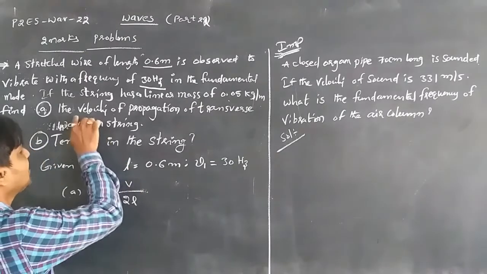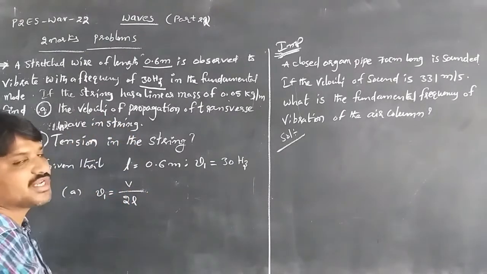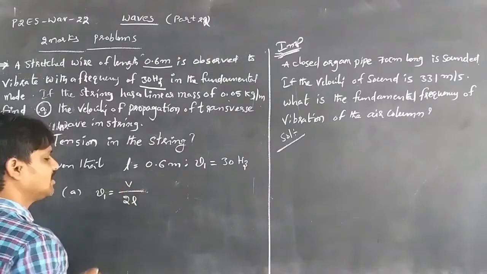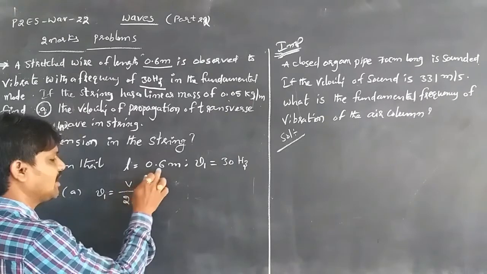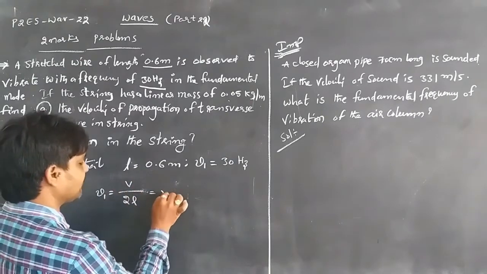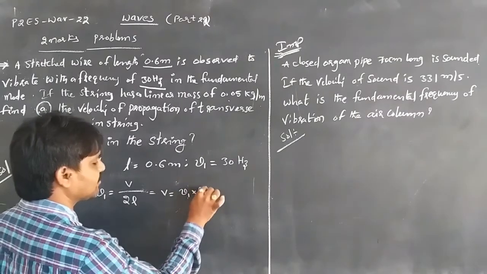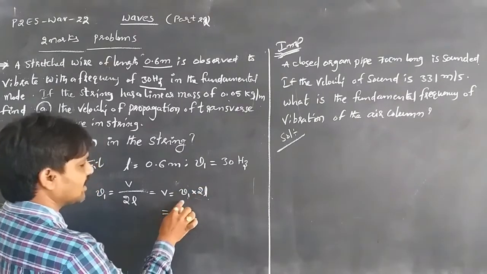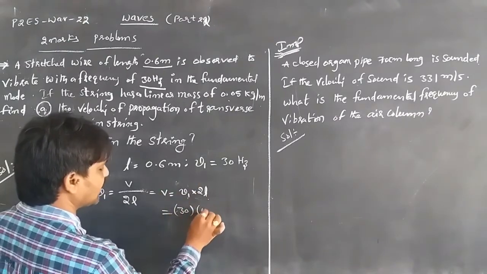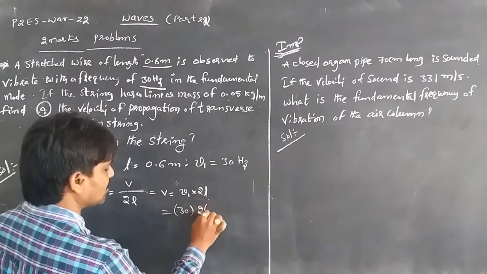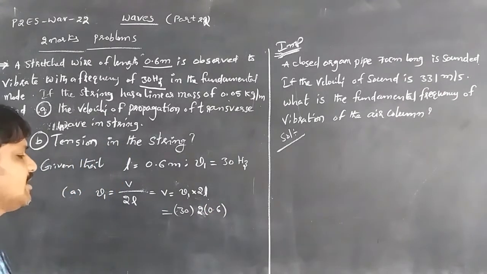He asked for the velocity, that means the velocity of propagation of the wave. Then what is V? He has given nu1 and L, so we are substituting: V is equal to nu1 into 2L. Nu1 is 30, into 2 into 0.6.